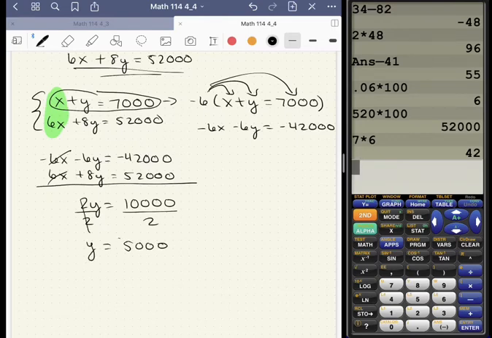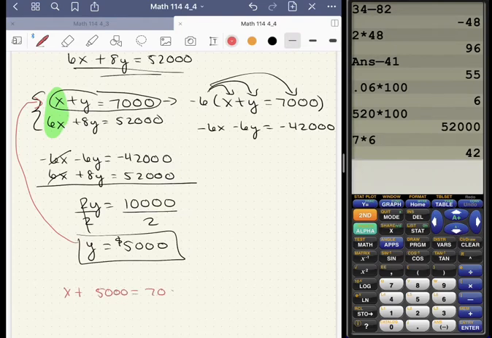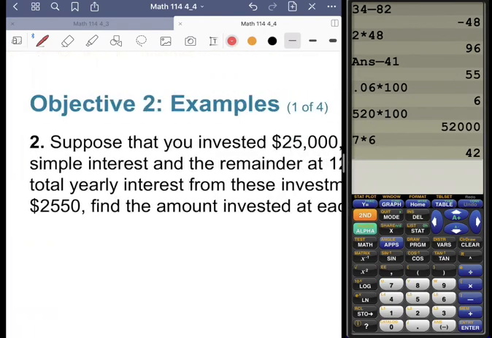So y is equal to 5,000. So 5,000 were invested into the first account, but now I need to find the value of x. To do that, I'm going to use the top one: x plus 5,000 is equal to 7,000, minus 5,000 on both sides. So x is equal to 2,000. That's how much was invested in each of the accounts.